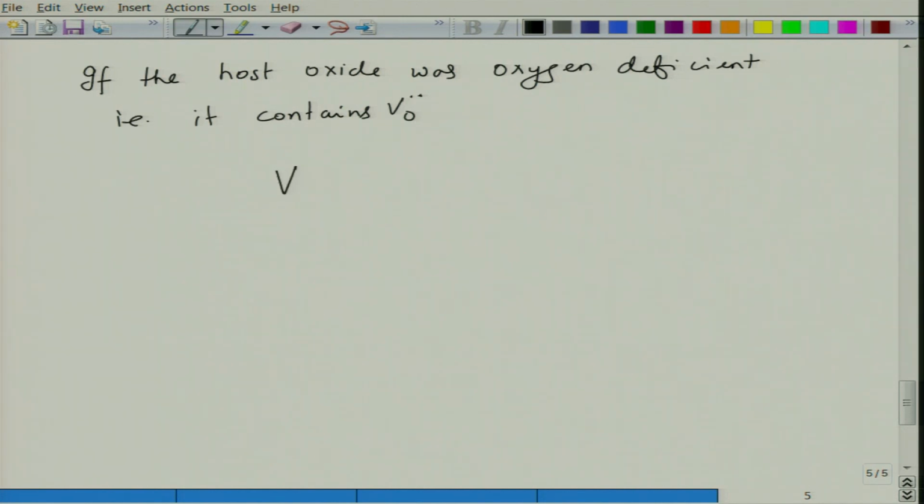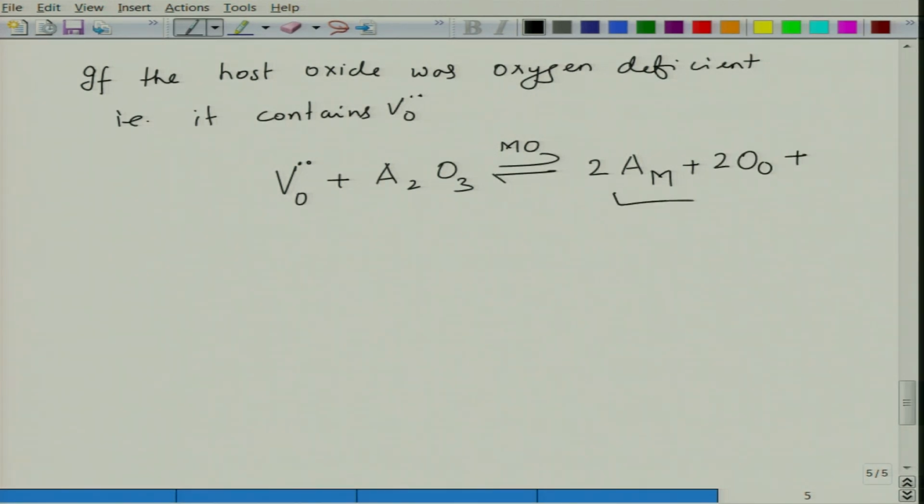You have oxygen vacancies present in the system, which means if I am doping the oxide with a higher valence oxide, I am bringing extra oxygen into the system. So, if I am bringing in A2O3 and this goes to MO, then basically 2 A's go to M site, 2 O's go to oxygen site to maintain the site stoichiometry, but you have one oxygen vacant site.